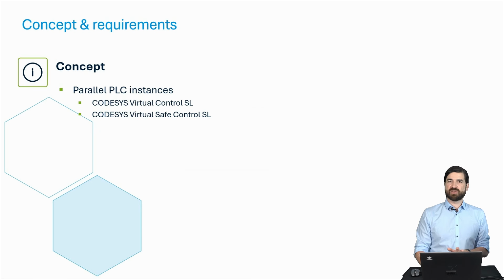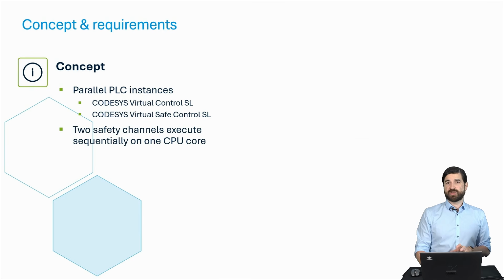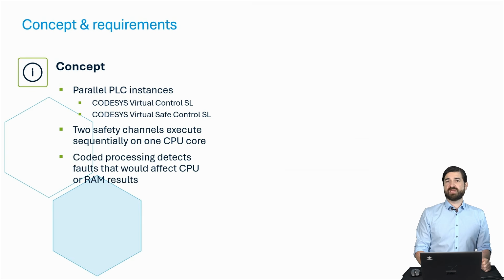That's necessary because the safety PLC only handles the safety relevant tasks, whereas the functional PLC has to take care of everything else, for example, the fieldbus communication. And these two PLC instances exchange all necessary data with each other via shared memory. The two safety channels execute sequentially on one CPU core. Code processing detects faults, and you need a second independent time provider.